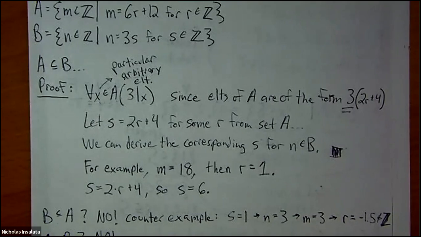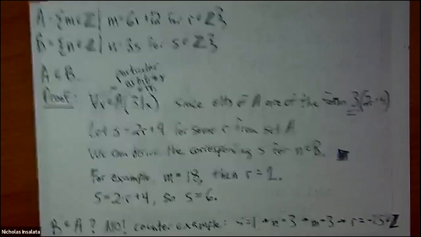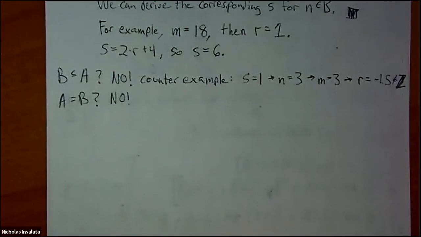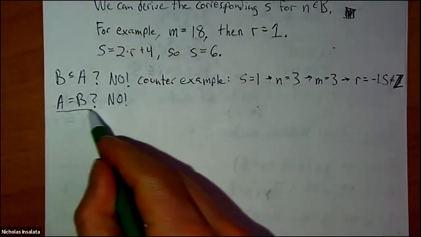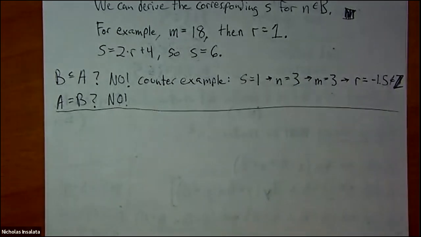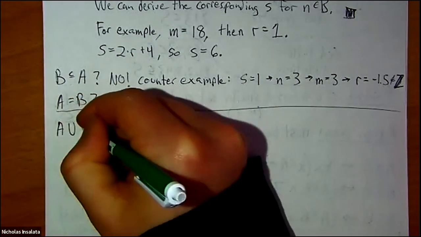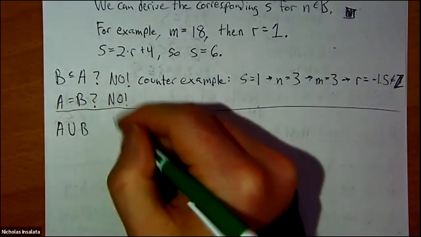Let's move on. Next we're going to talk about quite a few more operations that you can do on sets. So far we've talked about subset, proper subset, and equality. Now we're going to do 4 more. A ∪ B. This is called union.